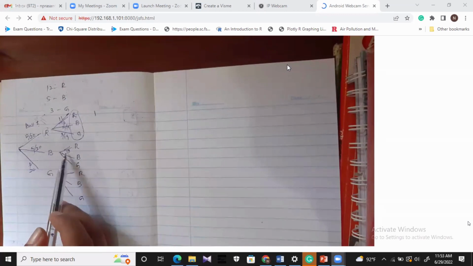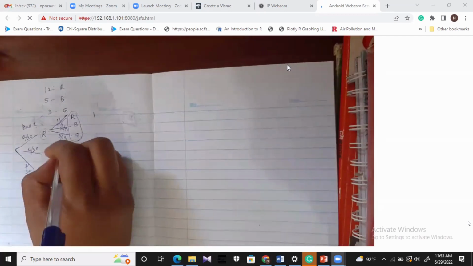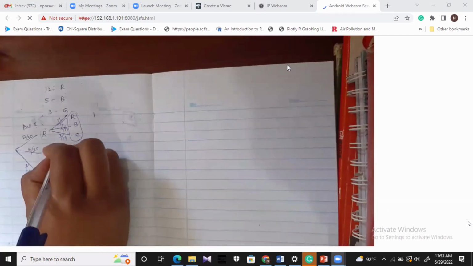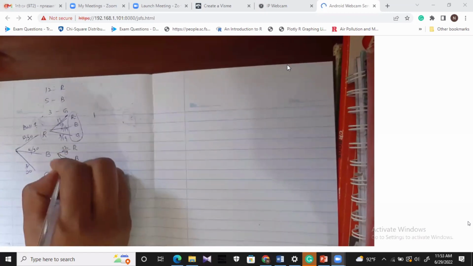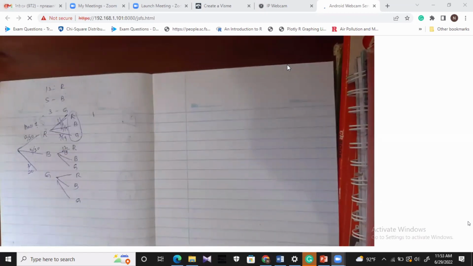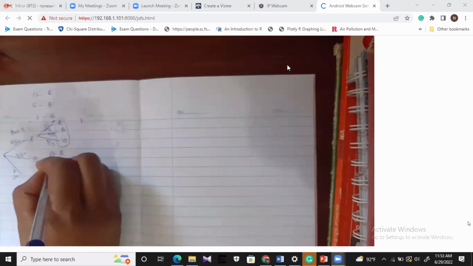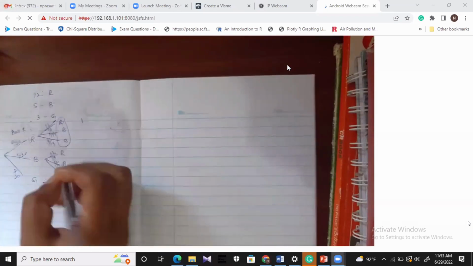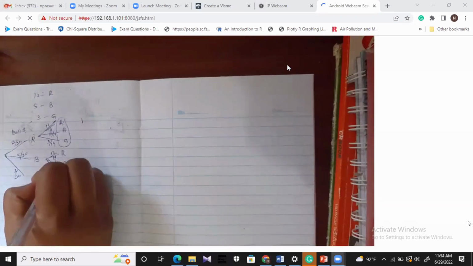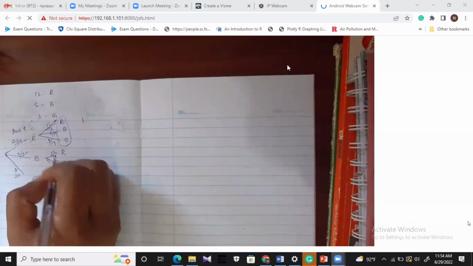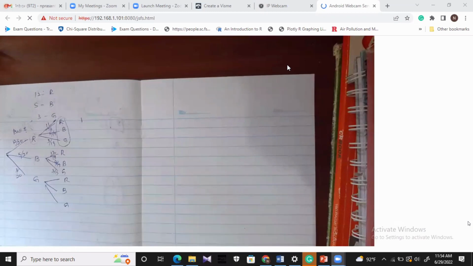Therefore, the remaining red balls are 12. How many blue balls are there? 4. Very good. 4 blue balls out of 19. Green, 3. If you add these three probabilities, 12 plus 4 is 16. 16 plus 3 is 19. 19 over 19 is 1. That means they are correct.